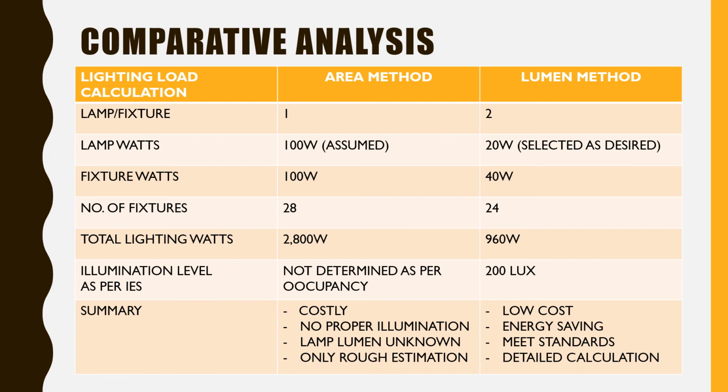But in the lumen method, it is low cost. It is very clear. Low cost because you can determine the number, the wattage, and the recommended lux is met. So energy saving also, obviously you can see. And it is meeting standards and using the standard tables. And of course, this is a detailed calculation.